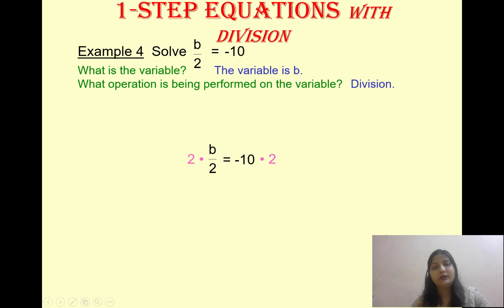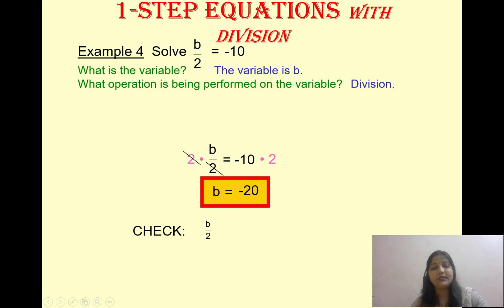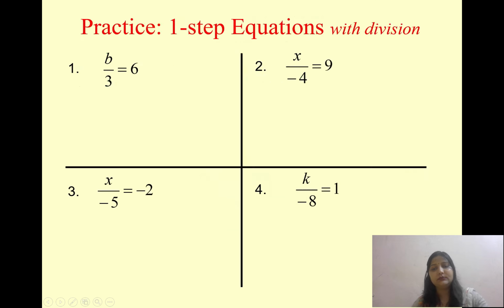Here you multiply 2 with both sides. 2 divided by 2 cancels out. Here the answer will be -20. Is it clear? Yes. To verify, you need to put the same value of b in the given equation. Both sides are equal. Your answer is correct. Okay.